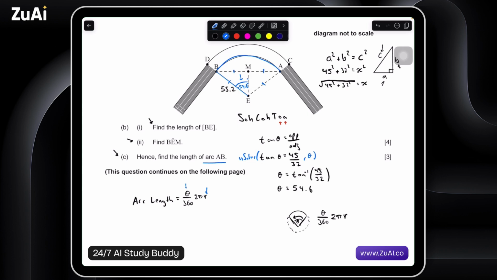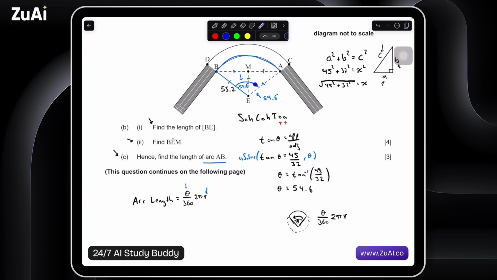Since they share this side, we actually have two equivalent triangles. So if this angle is 54.6 degrees, we know that this one as well will be equal to 54.6 degrees.